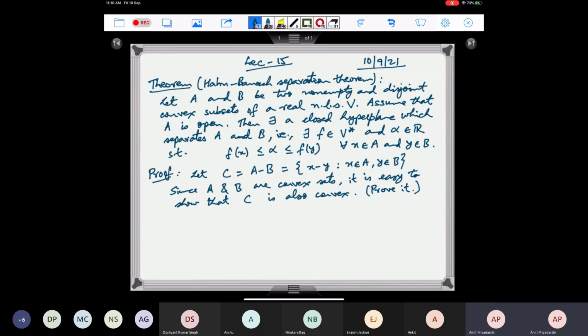You just take any two arbitrary points in this set C, and then you have to show that the convex combination also belongs here.